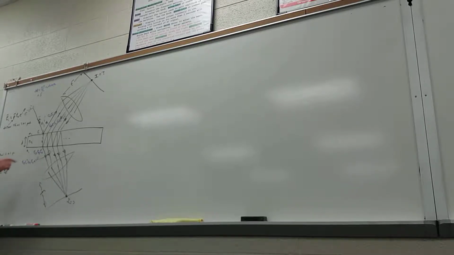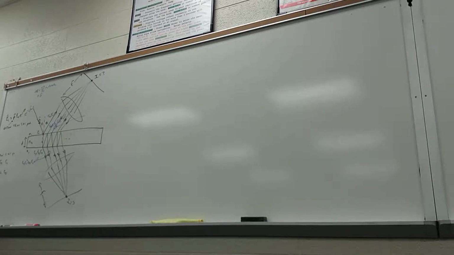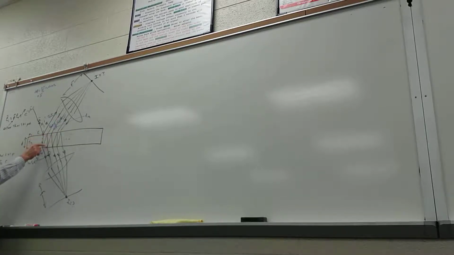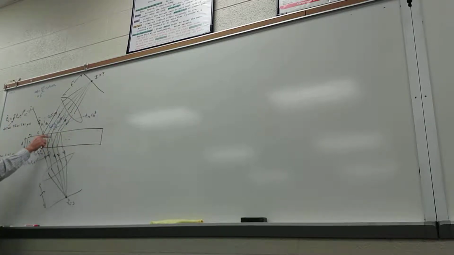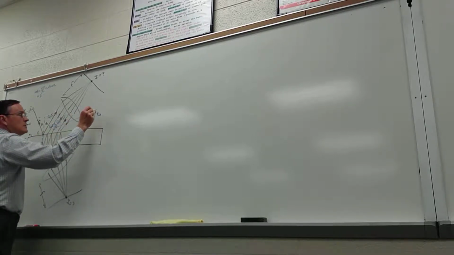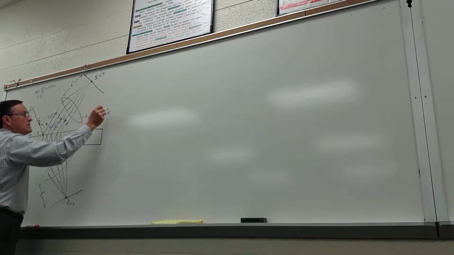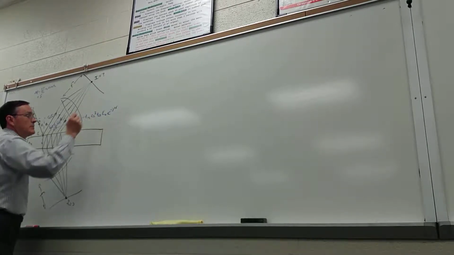Okay. Now let's go to this one. I'm going to pull it out to the side. What do we get for that one, for amplitude? We have T12, R21, R21, R21, so R21 cubed, and then T21, E0, e to the minus j 2 delta.